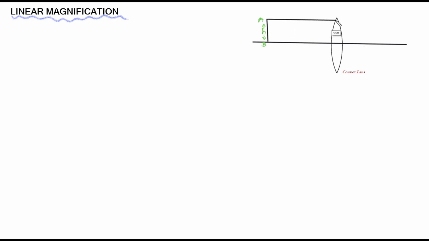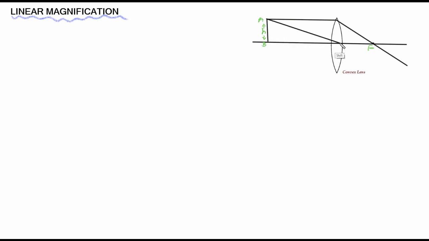So, this ray is passing parallel to the principal axis. So, after refraction, it will pass through the focus. Suppose somewhere here it has the focus. As you can see, it is passing through the focus. This is the focal length. Now, another ray I will consider which is passing through the optical center.